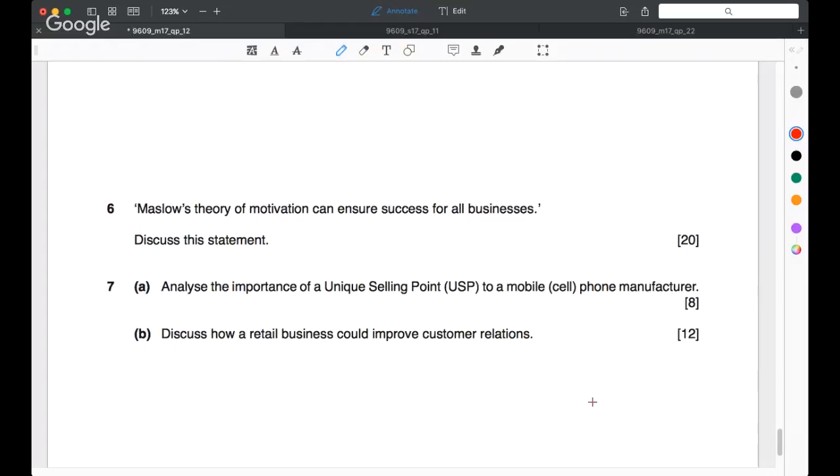Making sure that your staff are able to focus on the customer's needs rather than their own needs. Improving lead times, waiting to be served in a shop, for example, making sure that you're dealt with politely and carefully. All these elements go into how you might improve customer relations. And of course, you'd want to do a survey to identify how well you're doing.